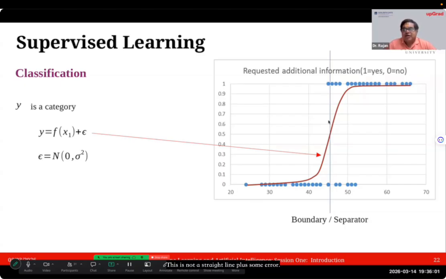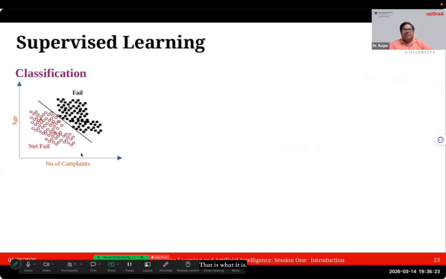Plus some error. Here is the measured value. Here is the predicted value. Therefore, there is some error. What about the errors in this case? They also come from a normal distribution of mean 0 and some standard deviation.